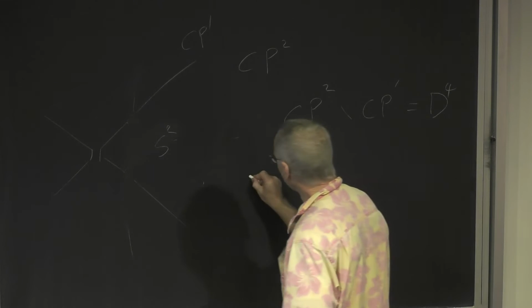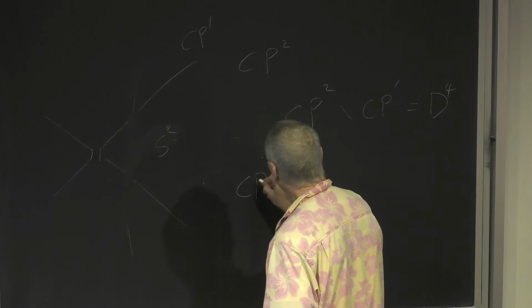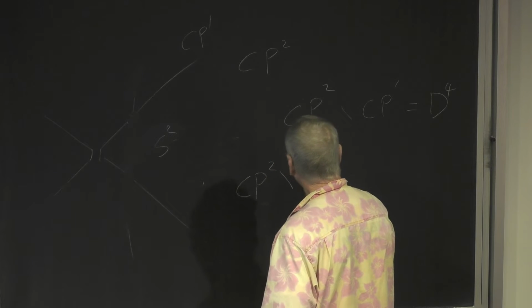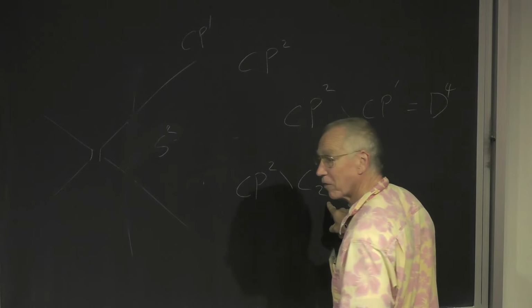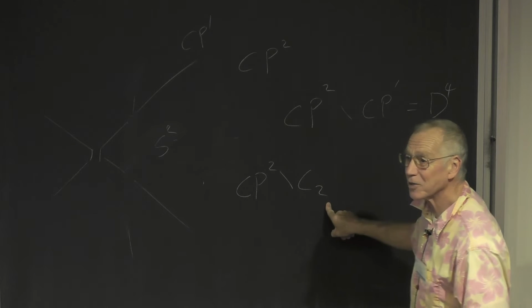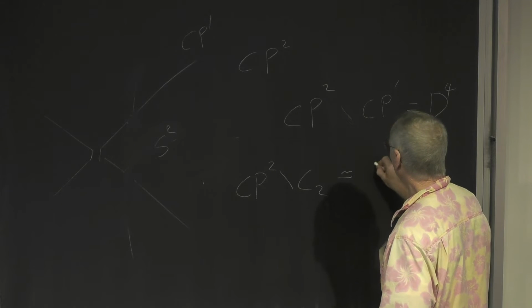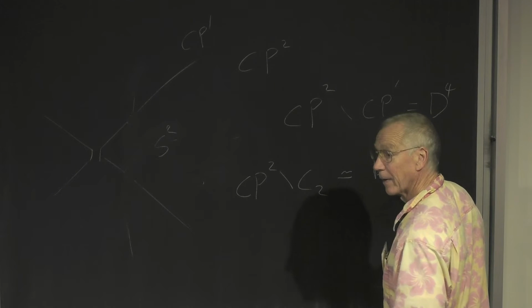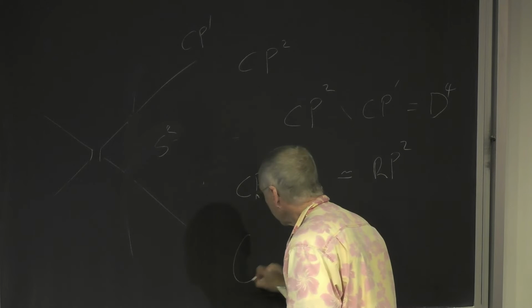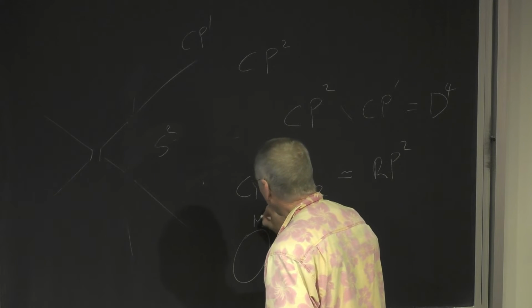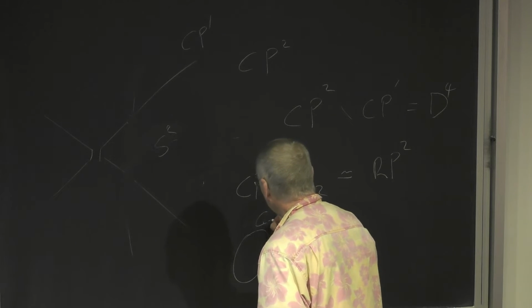But I had never seen, until Matt and I had this question, what happens when you remove the degree 2 curve instead of the degree 1 sphere. And this is homotopy equivalent to RP2. And the actual picture is there's a two-sphere here, which is the minimally entangled stuff. That's the C2.